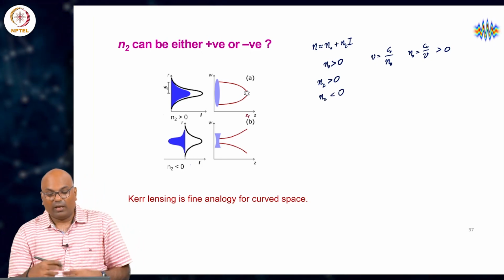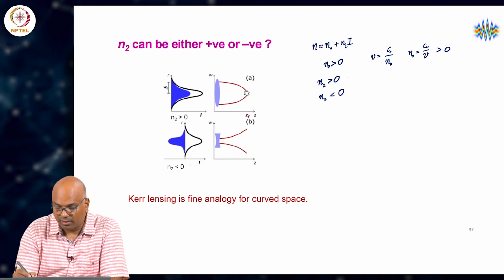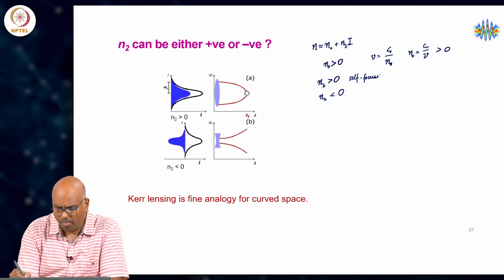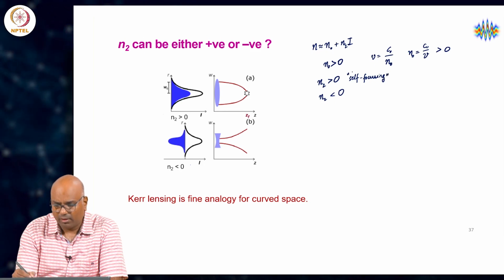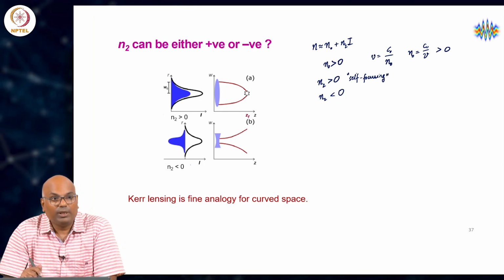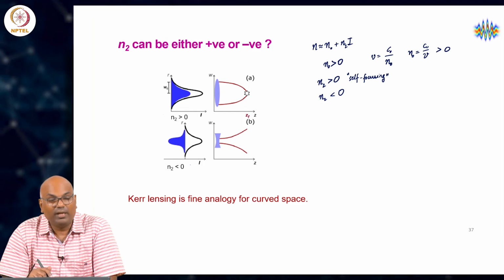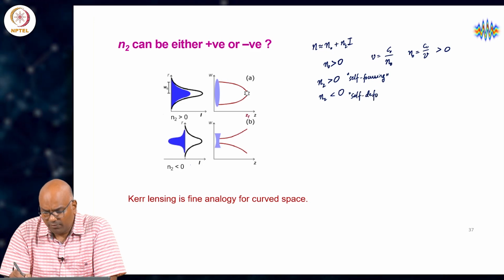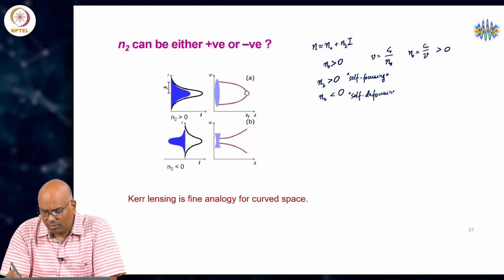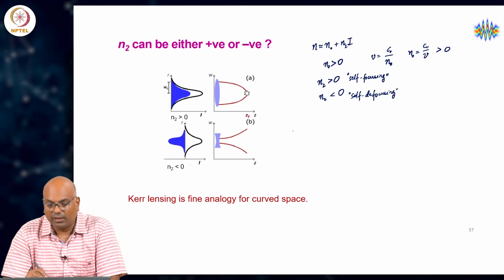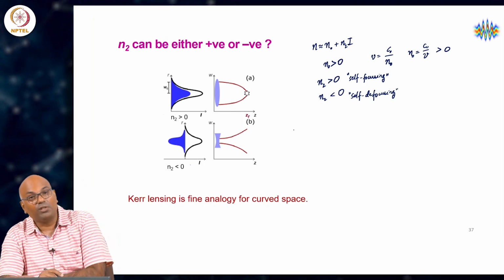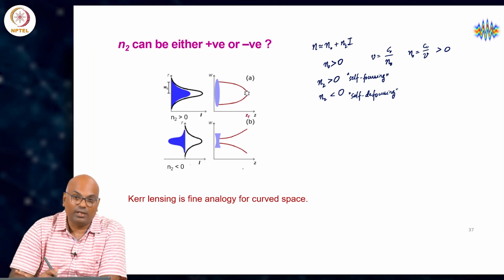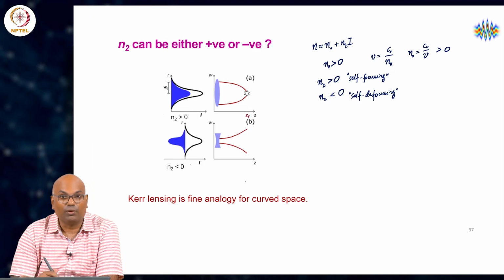Self-focusing happens when n2 is greater than 0, not n naught. Self-defocusing occurs when n2 is less than 0.